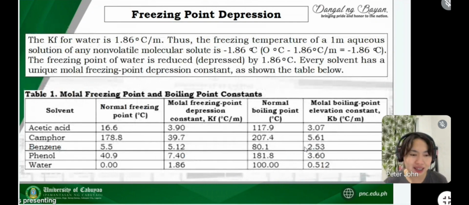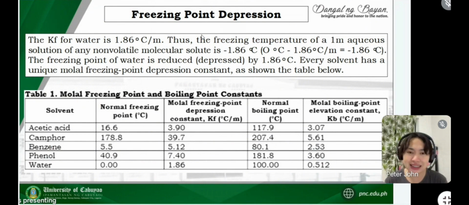Okay. So, the Kf of water, or the freezing point depression constant of water, is 1.86 degrees Celsius per molal. Thus, the freezing temperature of a 1 molal aqueous solution of any non-volatile molecular solute is negative 1.86 degrees Celsius, or 0 degrees minus 1.86.